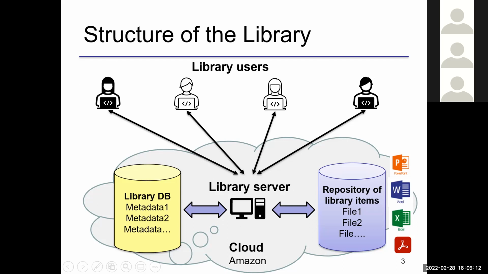More specifically, the European Commission has a contract with Amazon, and all library items and metadata are on Amazon servers somewhere in the cloud. And beside the library program itself, there are two important things.